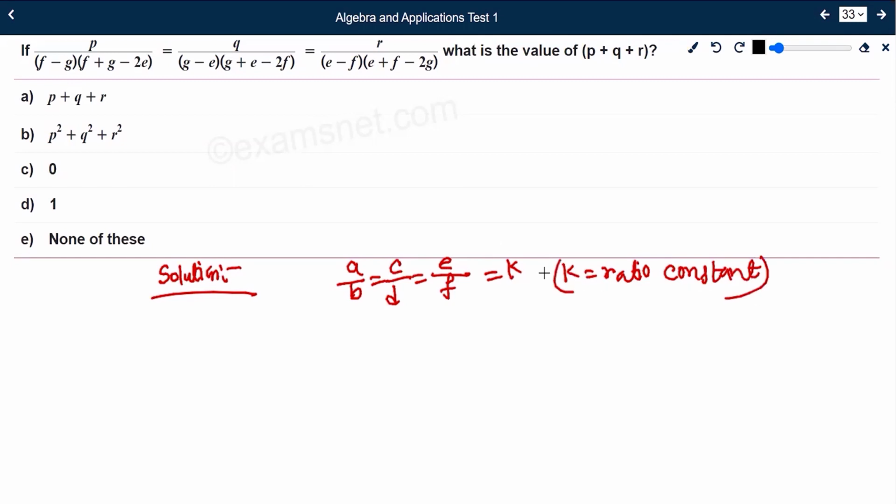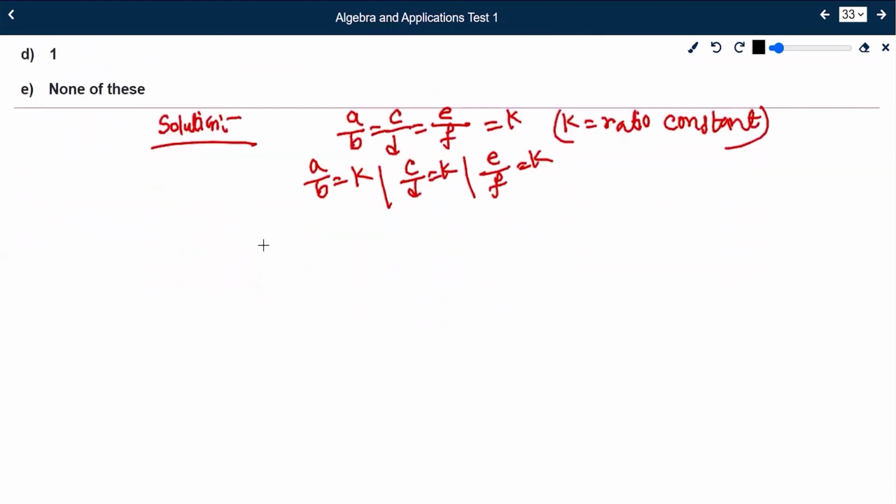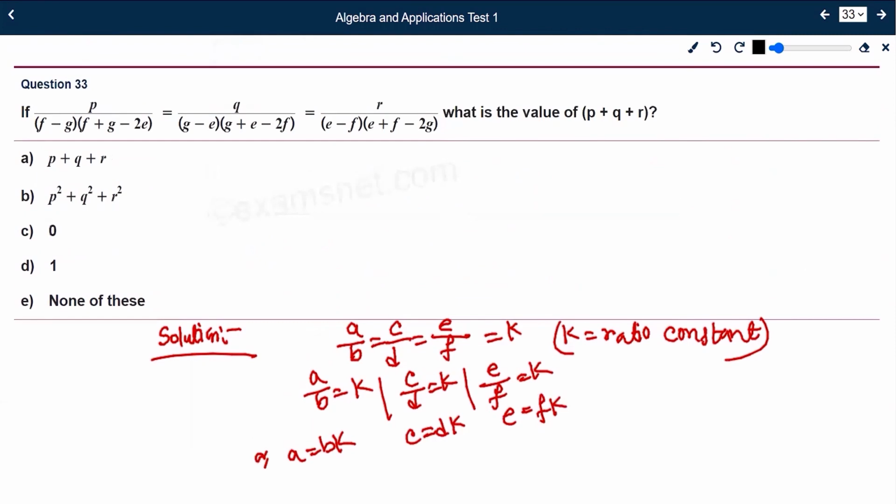That means we can separately write all the ratios equal to k. These are things we get from the concept of ratio and proportions. And here we can write a in terms of b, c in terms of d, and e in terms of f. So the same concept we are going to use in this sum to solve it.